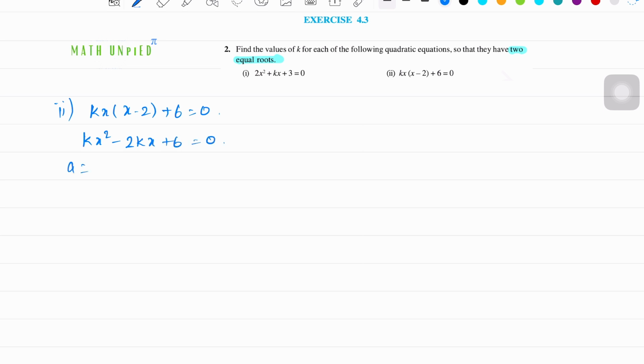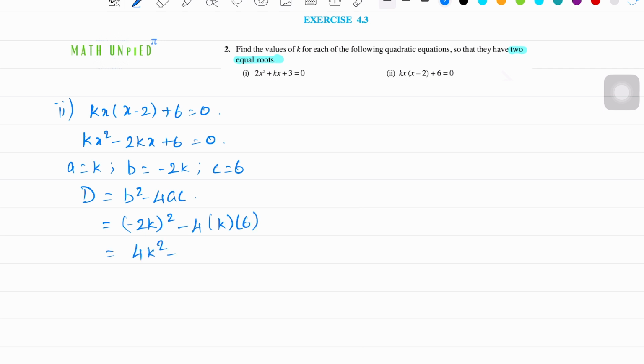Now a equals k, b equals negative 2k, and c equals 6. Now what is the formula for D? D equals b squared minus 4ac. So that is equal to (minus 2k) whole squared minus 4 times k times 6. So this is 4k squared minus 24k.